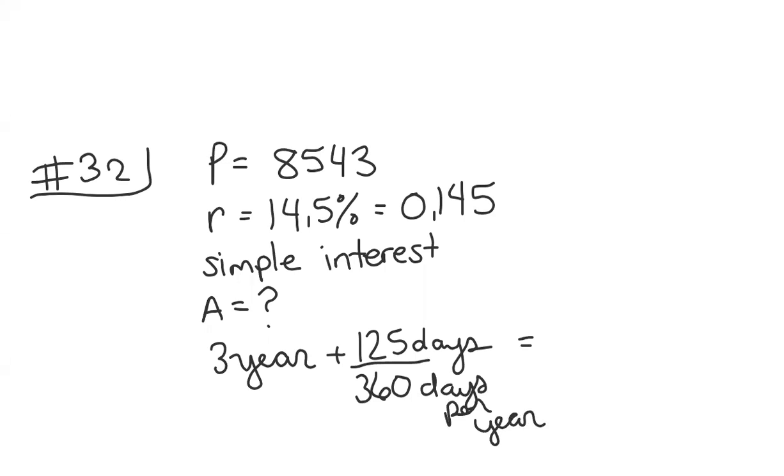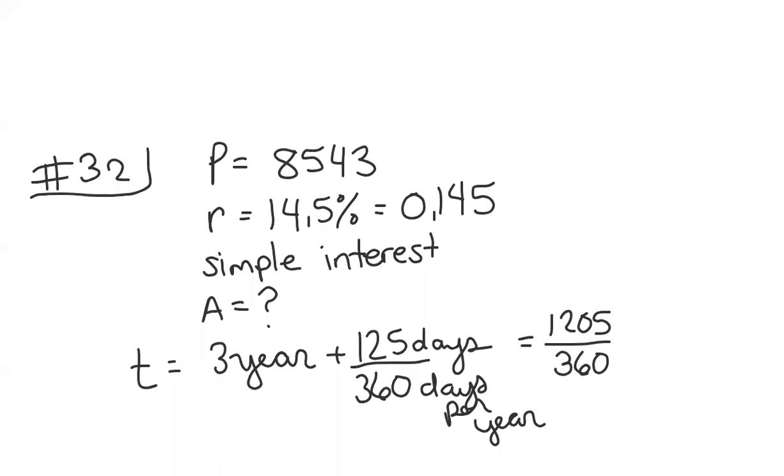This gives us a T in years of 125 divided by 360 plus 3. Actually, it looks better as an improper fraction. So I'm going to say 360 times 3 plus 125. That's going to give me 1205 days out of the 360 that form 1 year. So that's 3 years and 125 days.